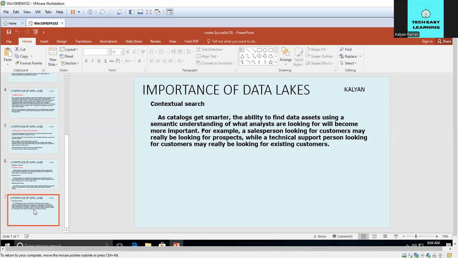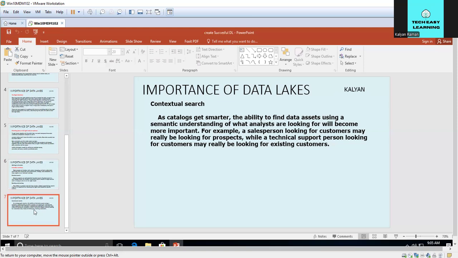And then finally, contextual search. That means, for example, a salesperson looking for customers may be looking for prospects. That means he will sell the products. But technical support looking for customers may be really looking for the existing customers. So a salesperson will look for the new customers.